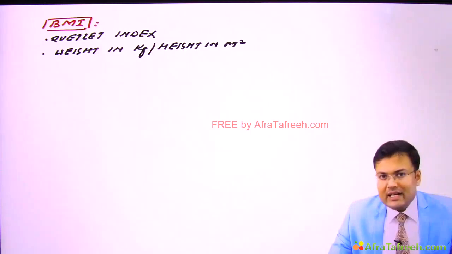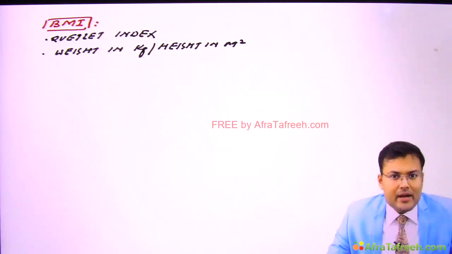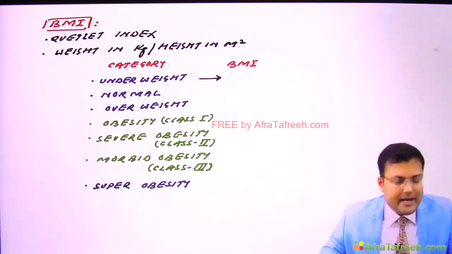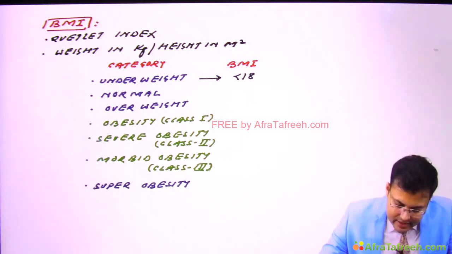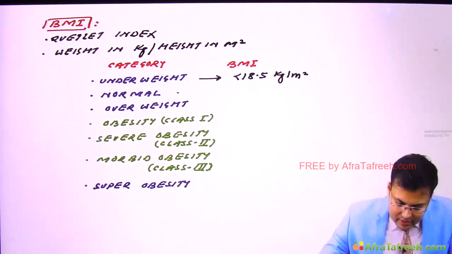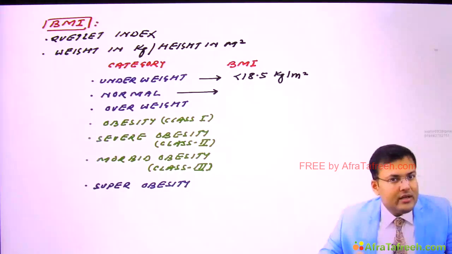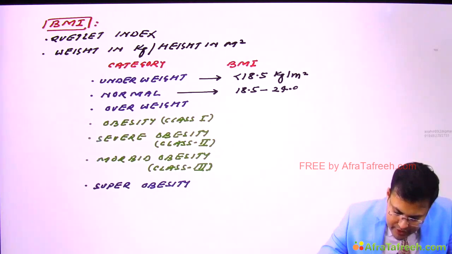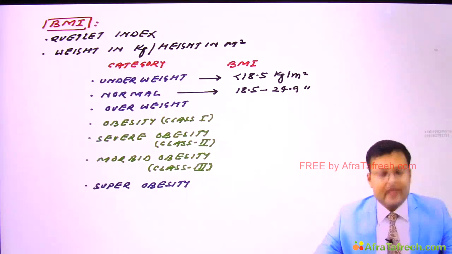Now see the various categories and their respective BMI. If the patient is underweight, the BMI is less than 18.5 kg per meter square. In normal patients, the BMI should be between 18.5 and 24.9, right?